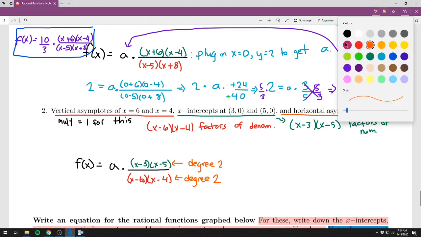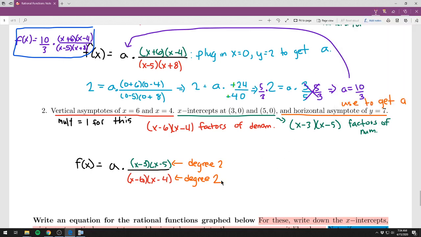And remember what we talked about, if the degrees are the same, that means their horizontal asymptote is y equals the ratio of their leading coefficients. All right, now I'm going to multiply these out so I can explain this a little bit better. You don't need to actually do this in the problem.